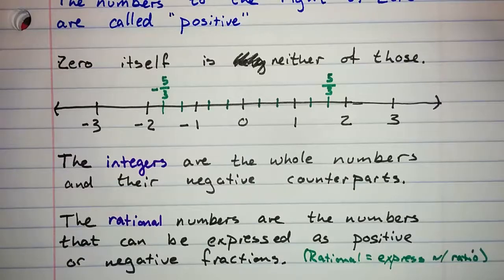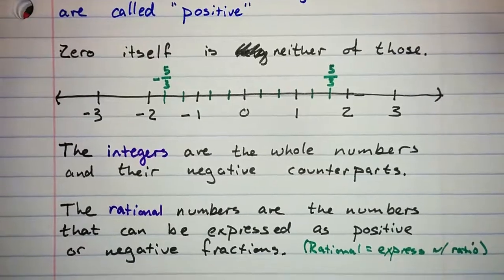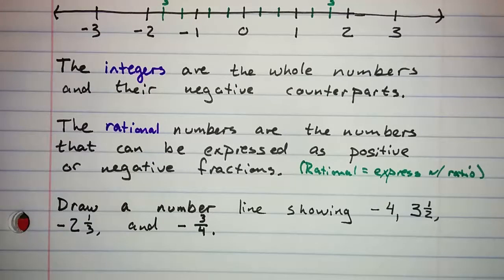So what can we do with these numbers? Well, the simplest and most obvious thing that we can do with them is plot them on a number line. So for example, we could draw a number line which shows -4, +3.5, -2 1/3, and -3/4.